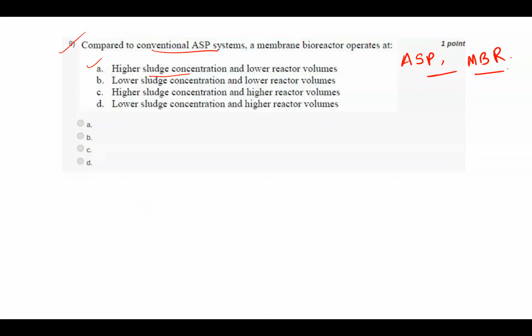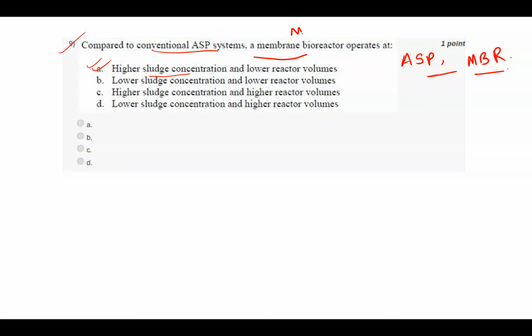Which one will be operating at higher sludge concentration? So here the answer is A, higher sludge concentration.